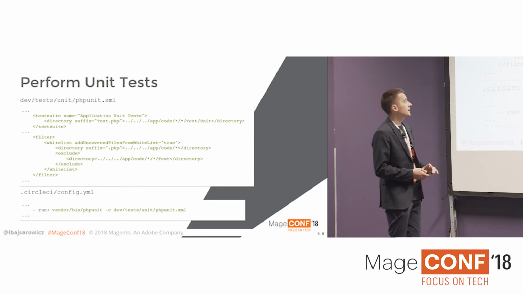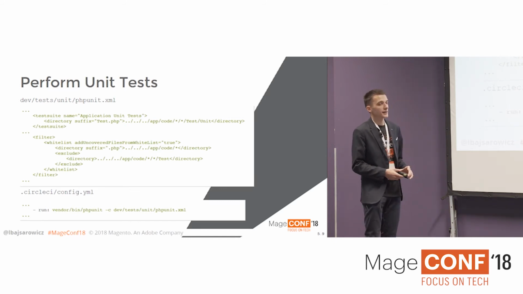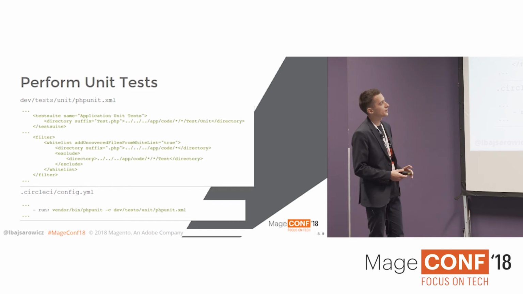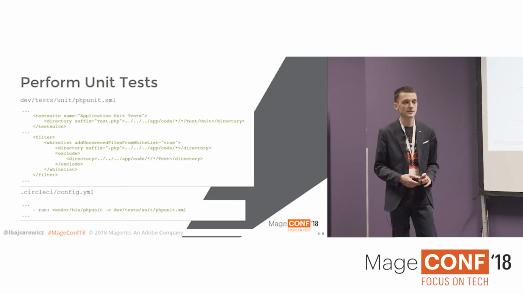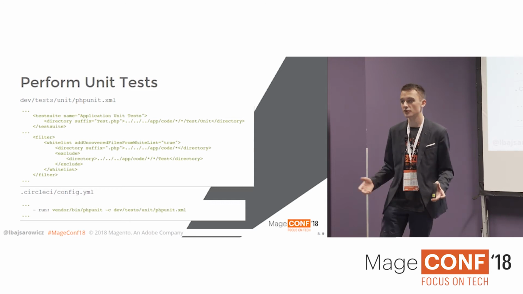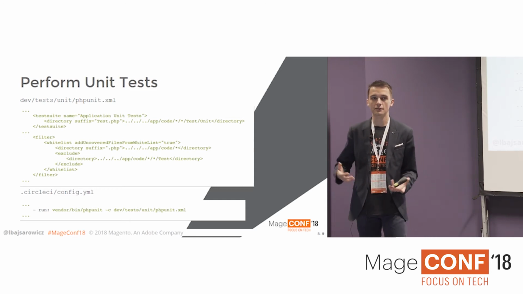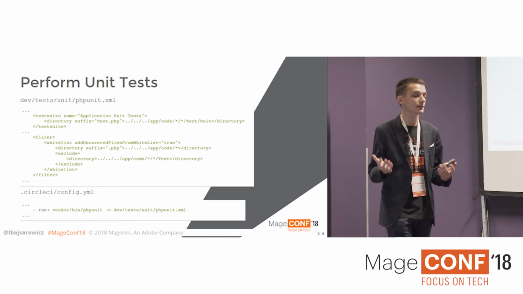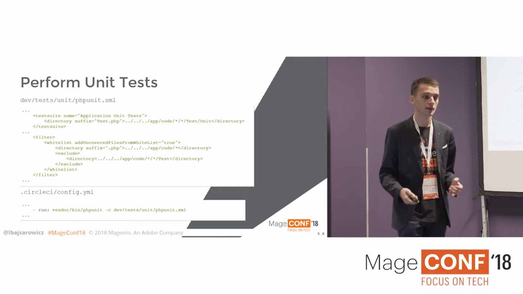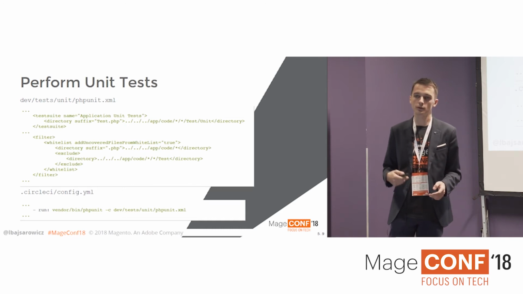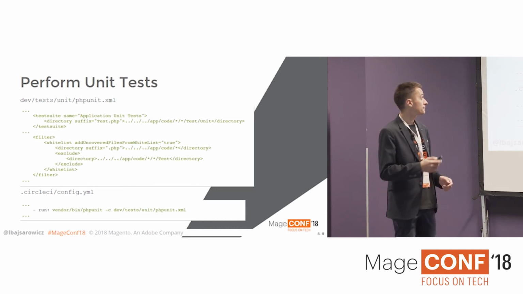So you can see that I limit my tests only to the app code directory. It's quite important because you don't want to test if Magento core works properly, I mean, if they didn't break anything with their update. You just want to test your developer. You want to test your code.